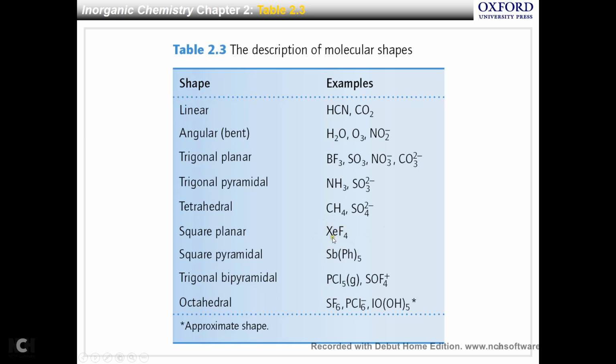So xenon actually forms 4 single bonds with 4 fluorine atoms, and then xenon has 2 additional lone pairs. So 2 lone pairs, one on top, one on the bottom, in the axial positions. Xenon forms 4 bonds. So if we're talking about the electron geometry of this molecule, that's octahedral.